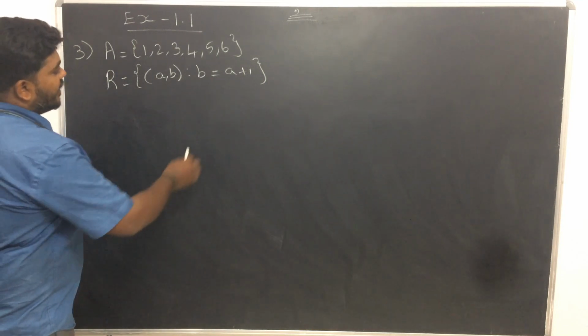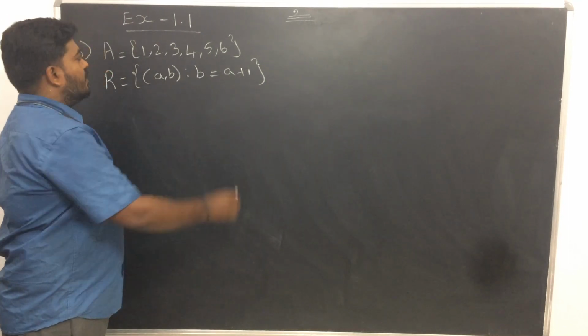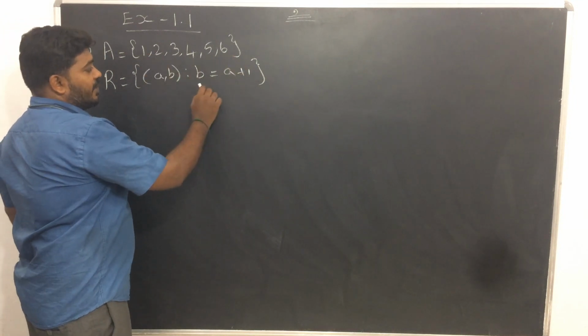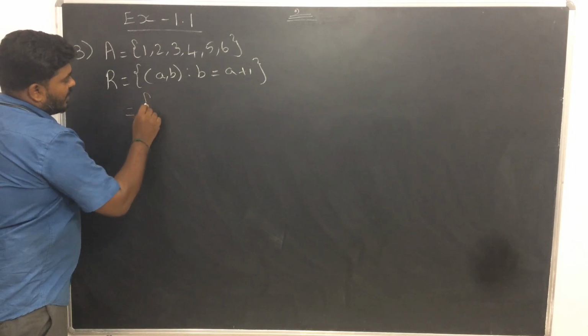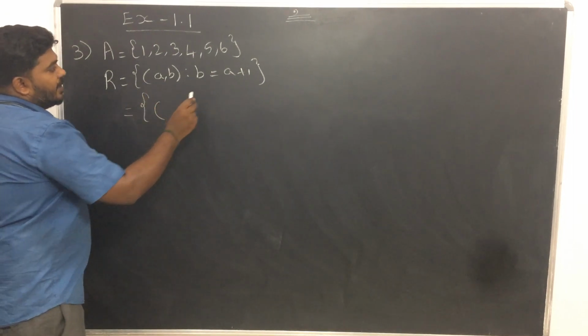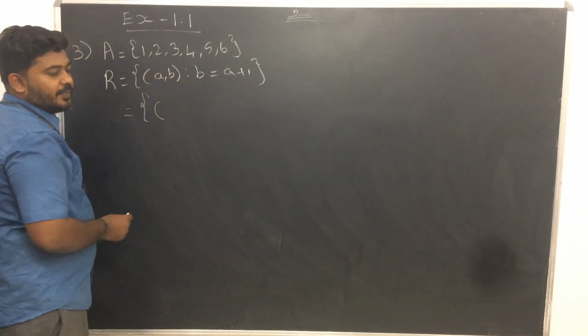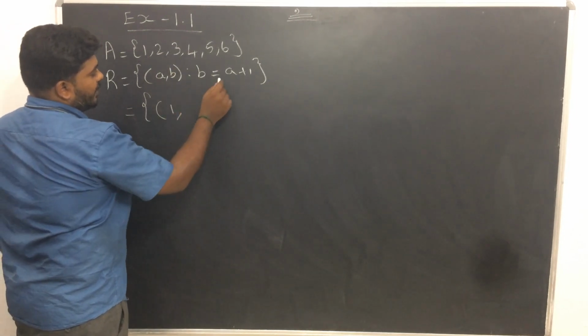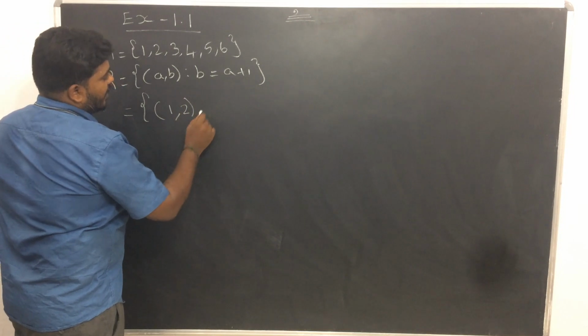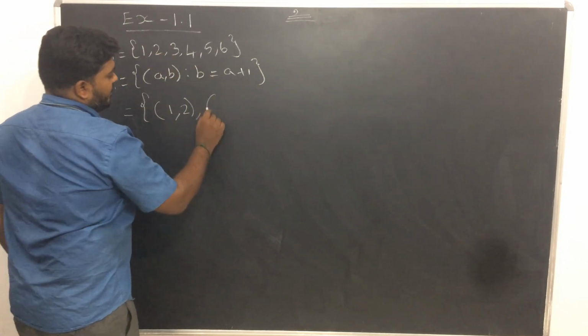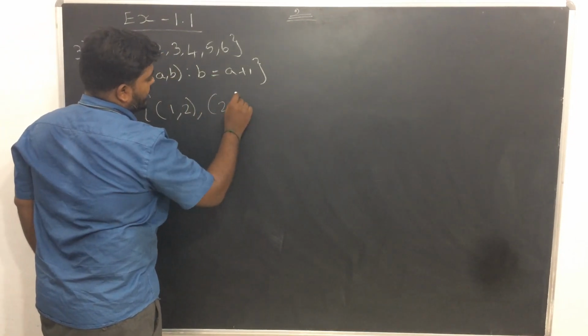Now, looking at this condition, what can we do? We know the values of the elements of the set and we know the condition. We can find the values of R. So R will be equal to what? If A is 1, B will be A plus 1, that is 1 plus 1, that is 2. Right? If A is 2, then B will be 3, 2 plus 1, that is 3.